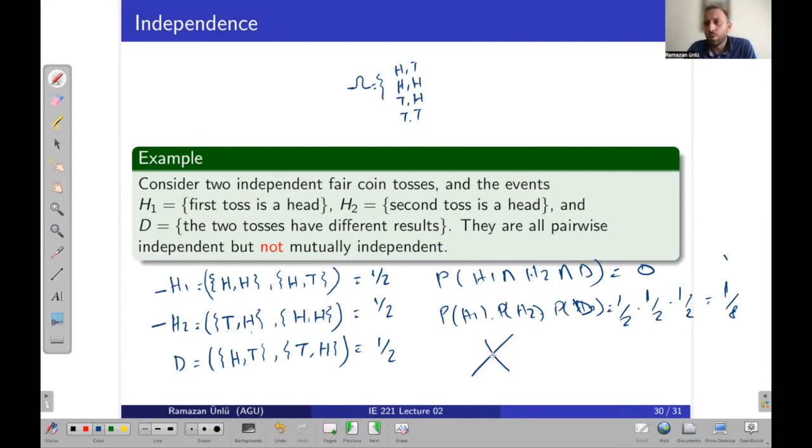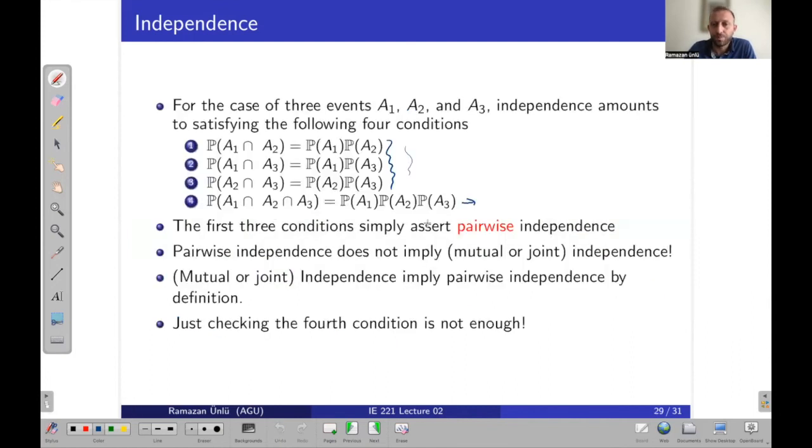That's why we have to look at all the conditions here. We have to check all four conditions to verify the independence of the events.